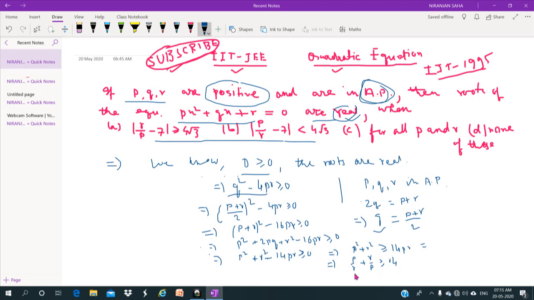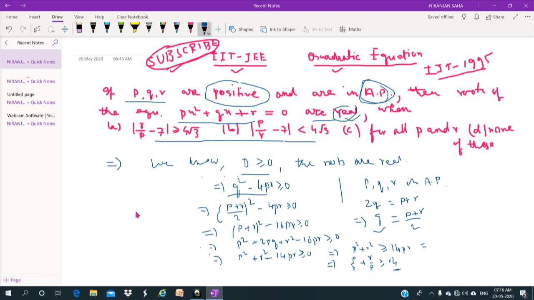Now take this condition for all p, r. It cannot be, if we compare, because here p by r and r by p together must be greater than equal to 14, but this ratio can be less than 14.